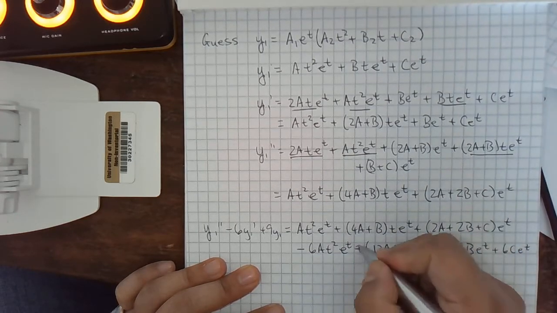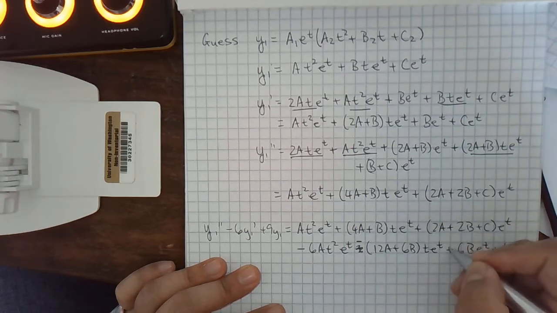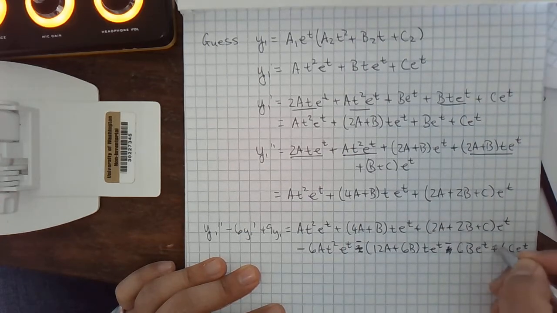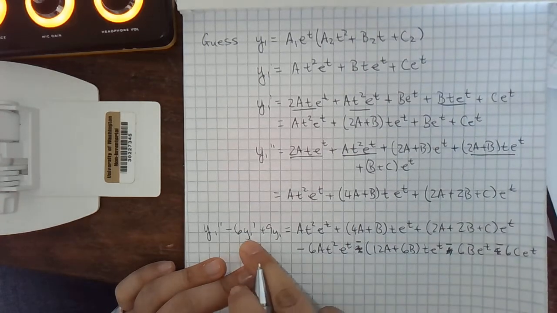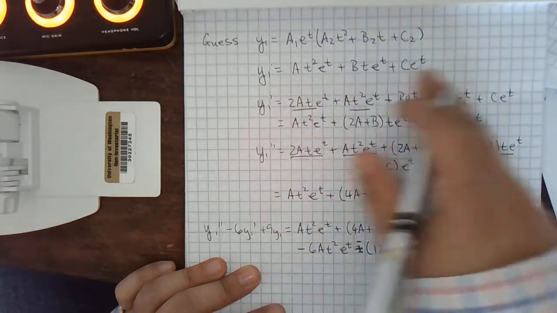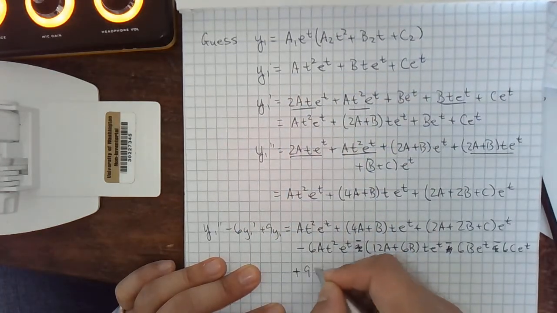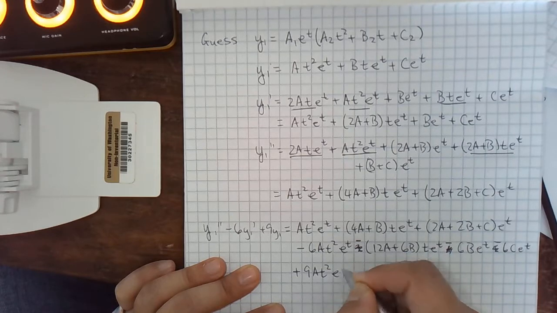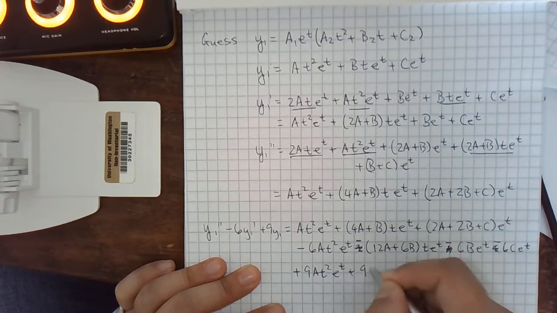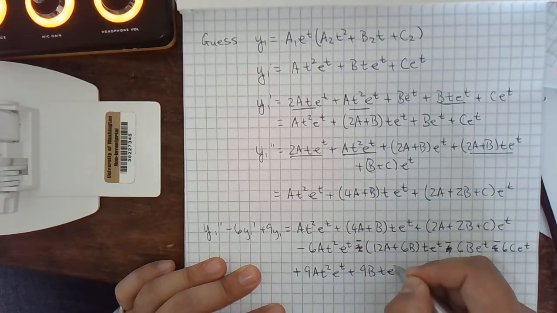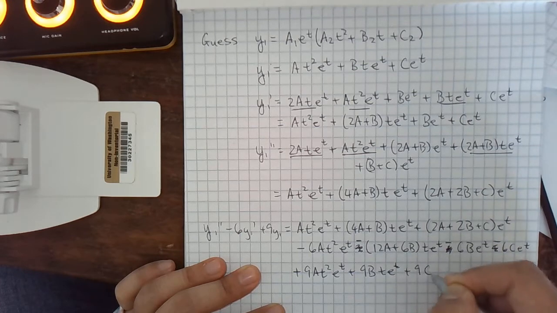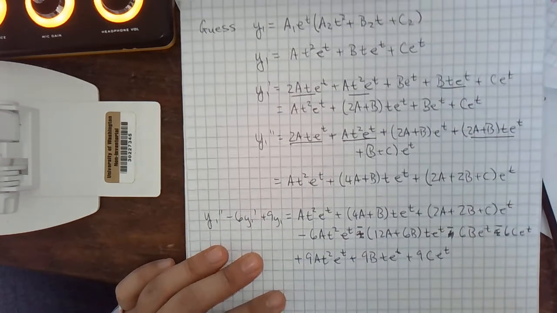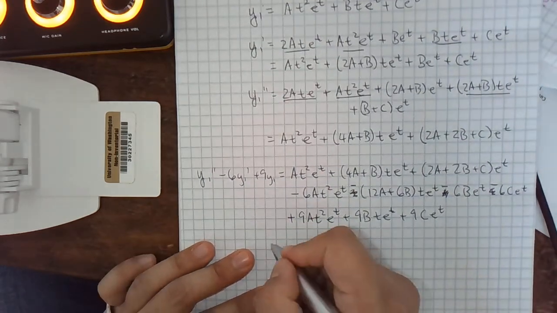That's wrong. These are minuses. These are all minuses. That was a minus 6. And then plus 9 times y1. Plus 9a t squared e to the t plus 9b t e to the t plus 9c e to the t, right? Okay.